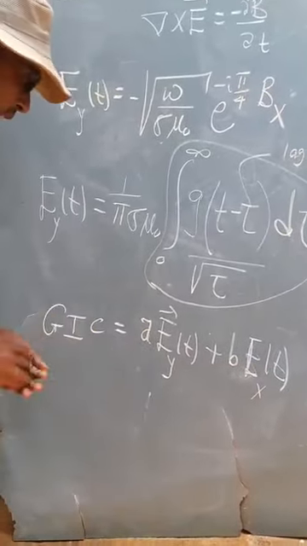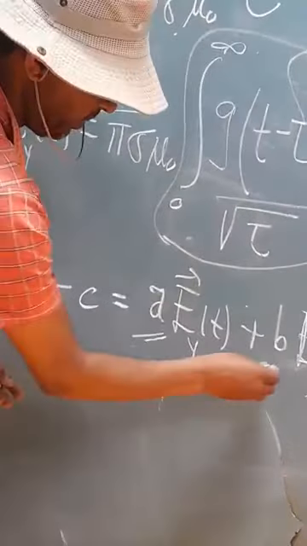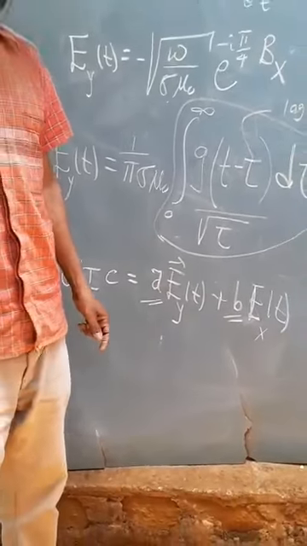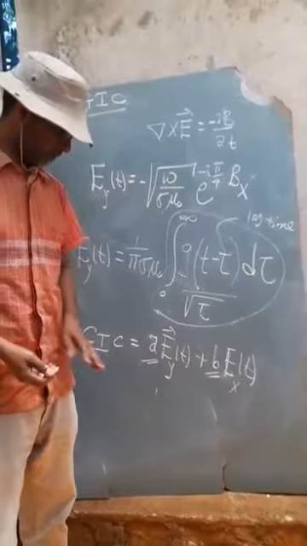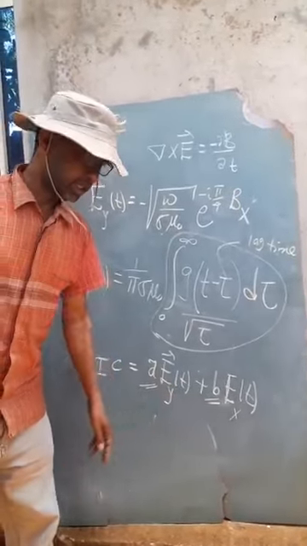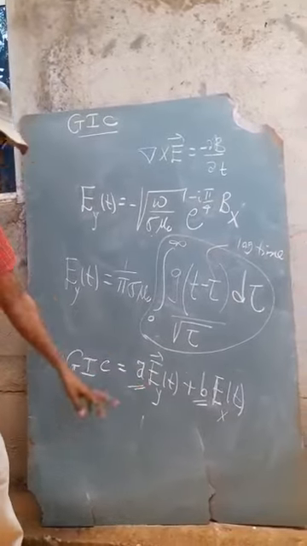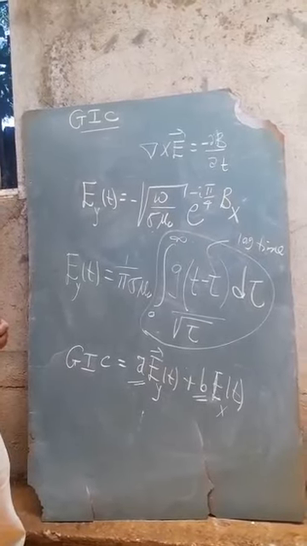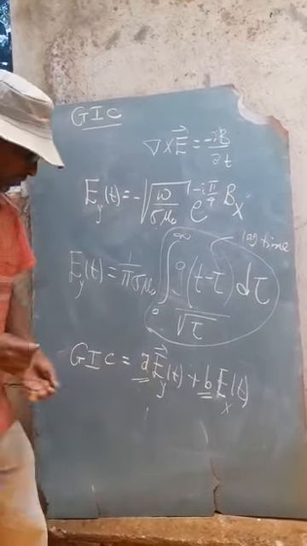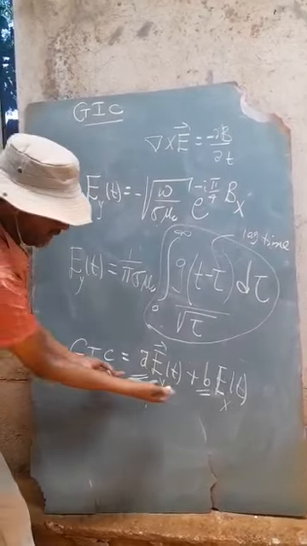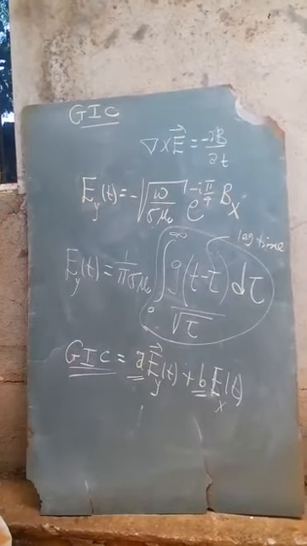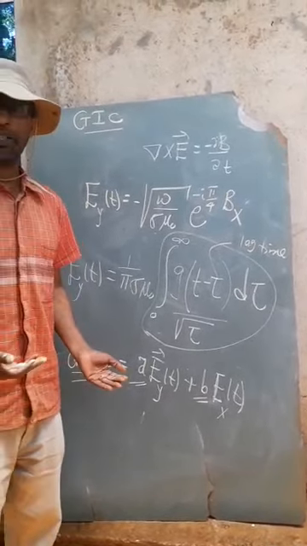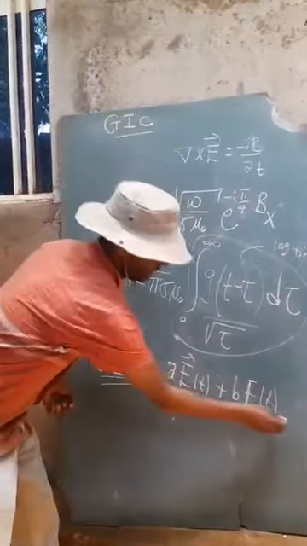A and b are constants associated with the specific power system, which means they could be the geometrical component or the resistance of the nodes of the power system. So we can easily estimate the ground induced current during a space weather event using this approach.